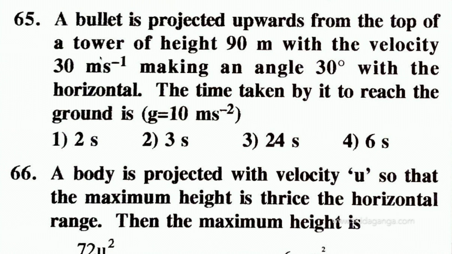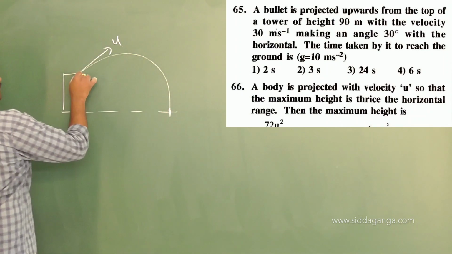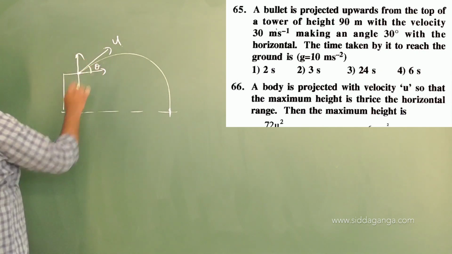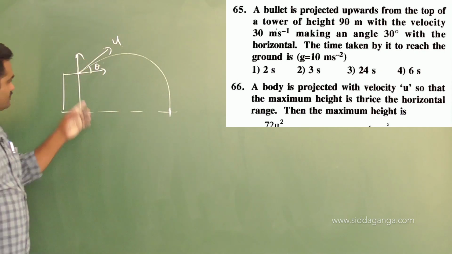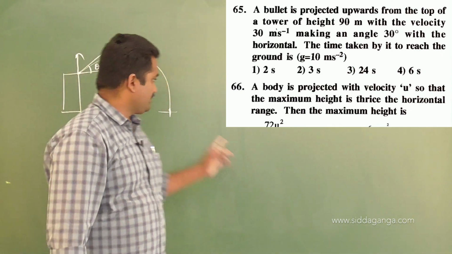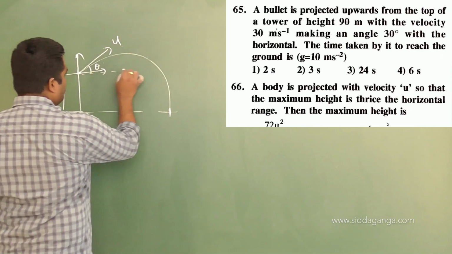From the top of the tower, a body is thrown like this with a velocity u, and we have studied this problem. From this point to reach the ground, what is the time taken, they are asking. So can I use the time of flight formula here, 2u sin theta by g? Is it correct?